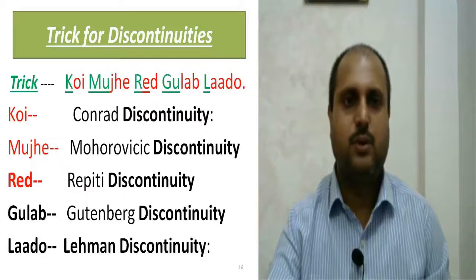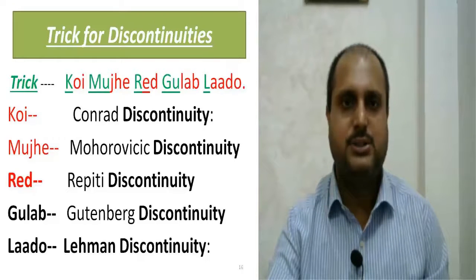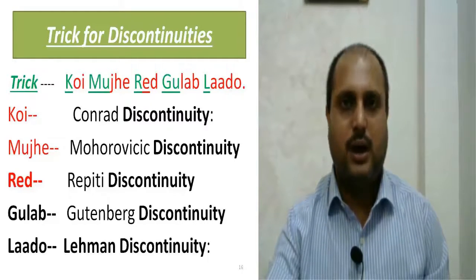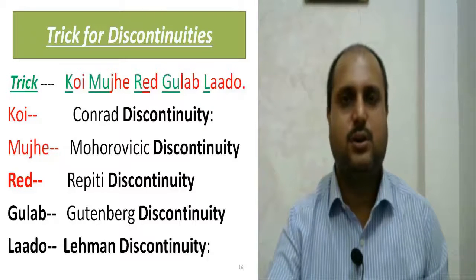So this is the trick. By koi it is the Conrad discontinuity, mujhe the Mohorovicic discontinuity, red stands for the Repetti discontinuity, Gulab stands for the Gutenberg discontinuity, and Lado stands for the Lehmann discontinuity.